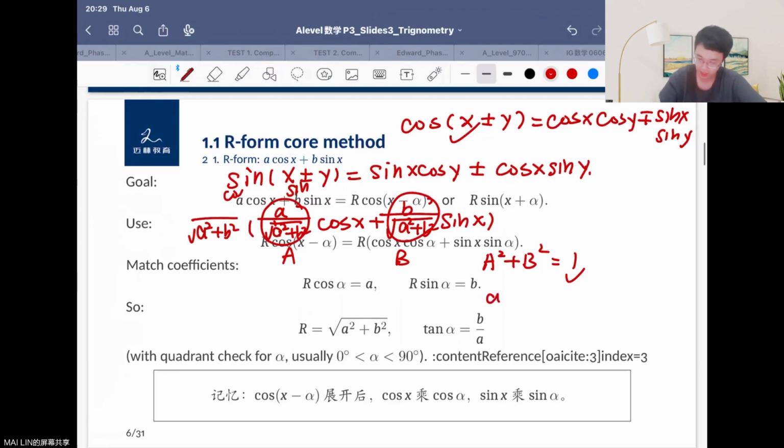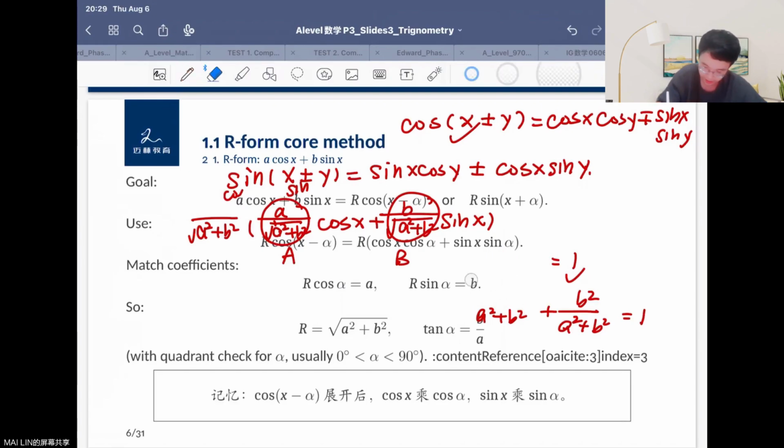If we consider these two coefficients, you'll find that their squares add up to 1, because it's a squared over a squared plus b squared, plus b squared over a squared plus b squared, which equals 1. We already know that sine squared plus cosine squared always equals 1.